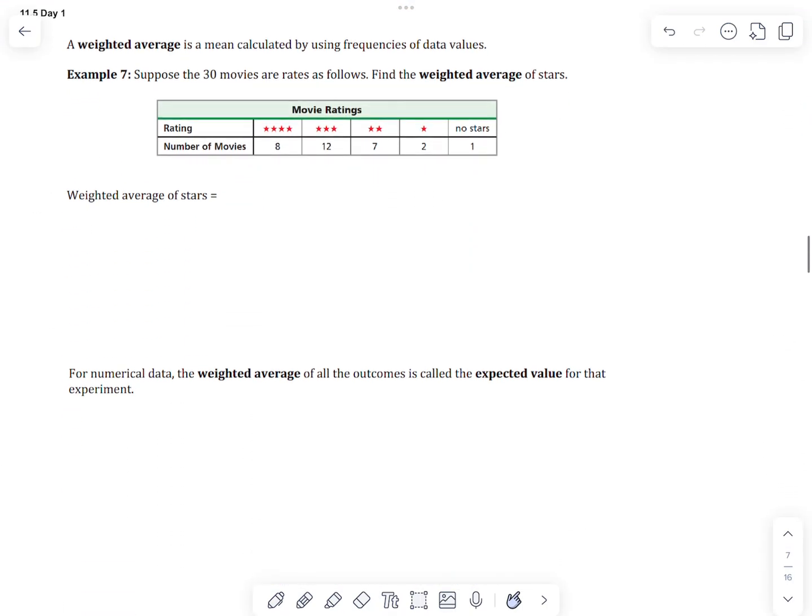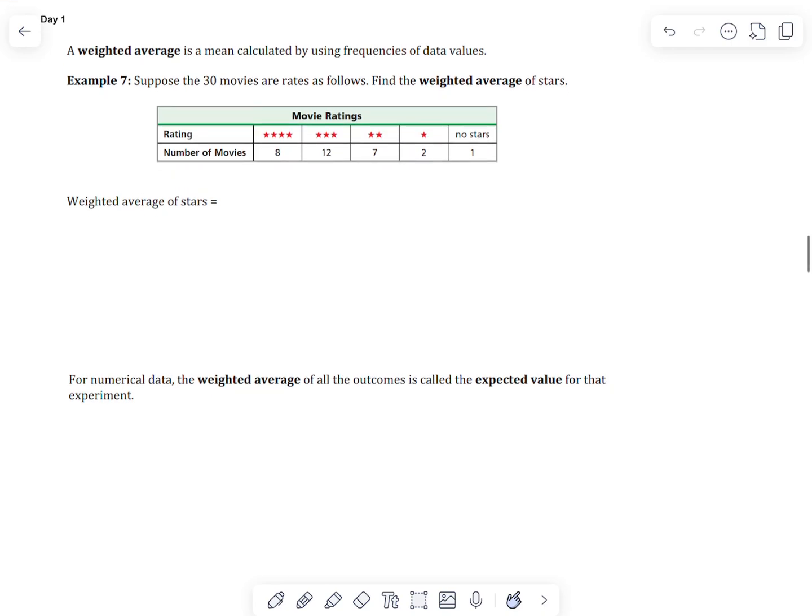The next concept is called weighted average. What it does is it calculates the mean if there is more than one of a data point. So here's an example. We have a movie rating system, and there are 30 total movies, and some of the movies are rated the same rating.